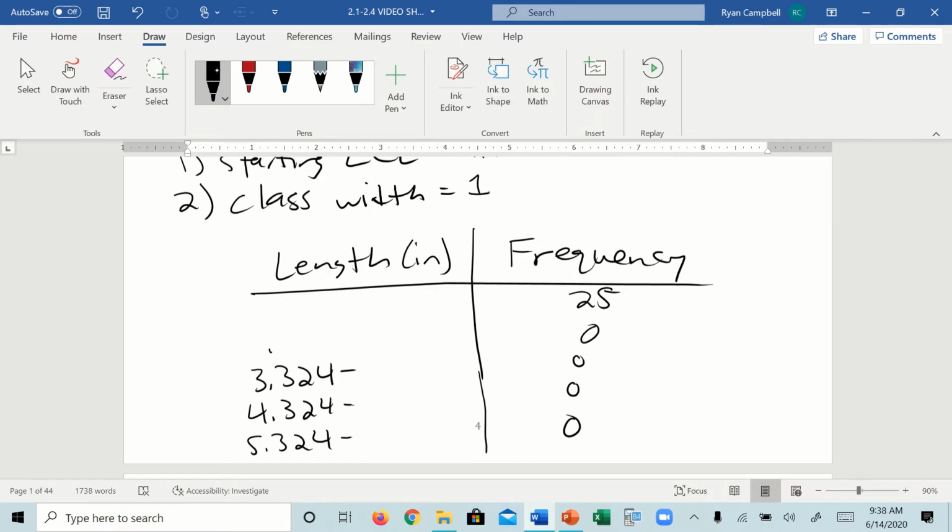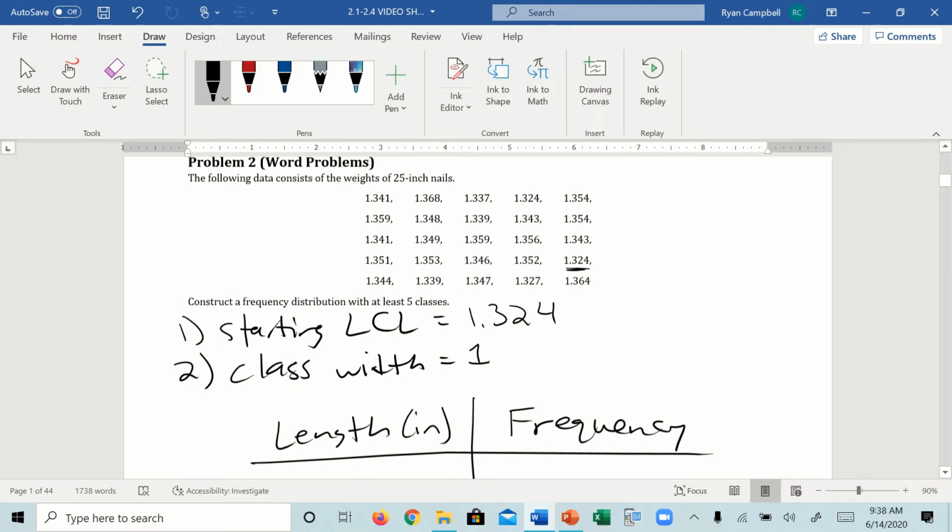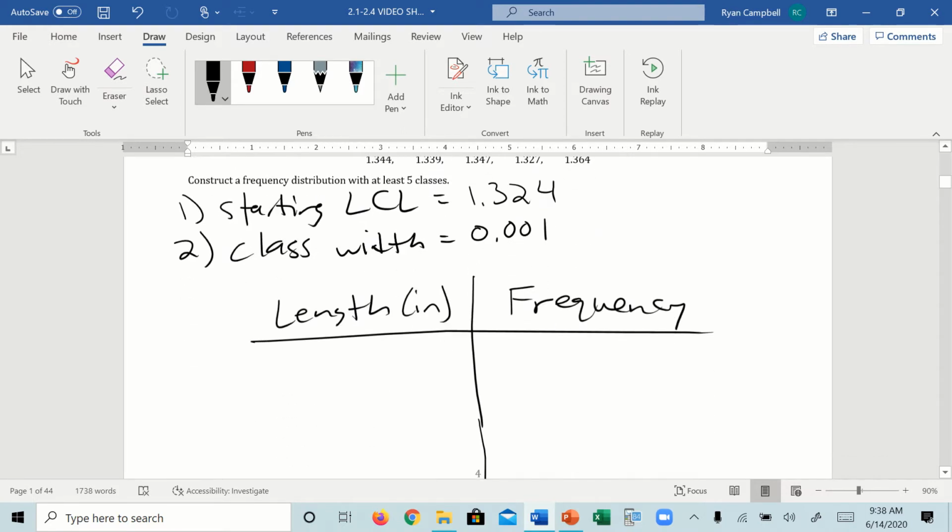We also don't want to have 25 different classes, right? Or even more. So you don't want something where you're only going to have 1 class, and you don't want something where you're going to have something super small. So we could have 0.001, right? So if you notice for that one, we're going to have 1.324, 1.325 because we're going down adding, 1.326, 1.327.